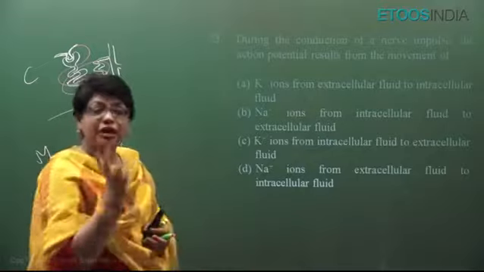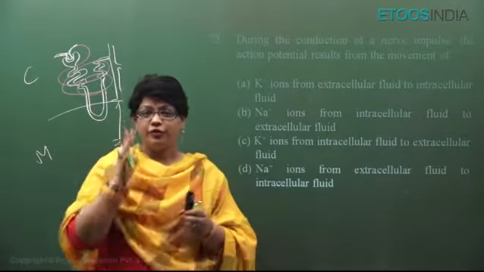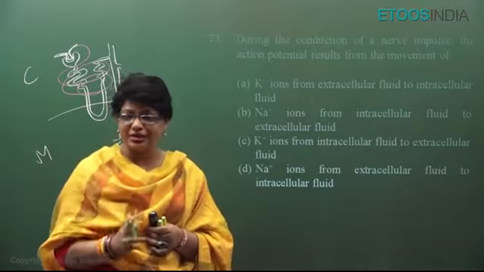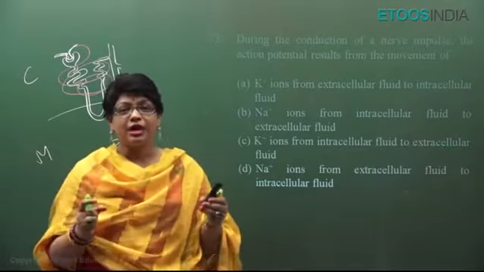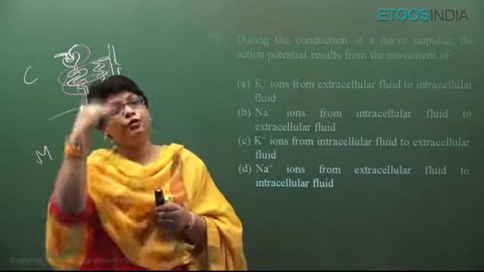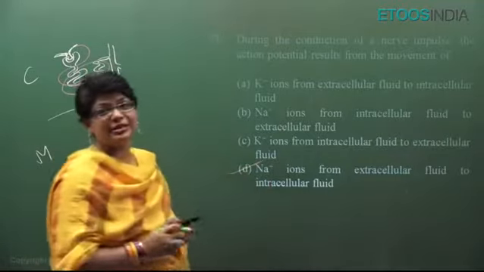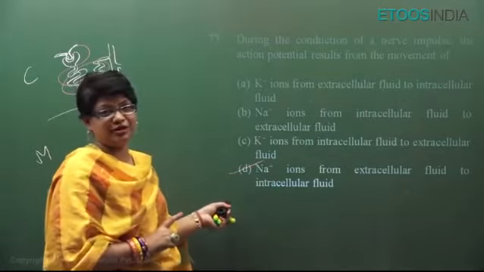Now, during conduction of a nerve impulse, the action potential results from the movement of. We know second stage depolarization, which produces action potential, plus 30 millivolt. It is because sodium channels open and sodium comes from extracellular fluid into the axoplasm. So, sodium ions from ECF into ICF. That causes depolarization or action potential.